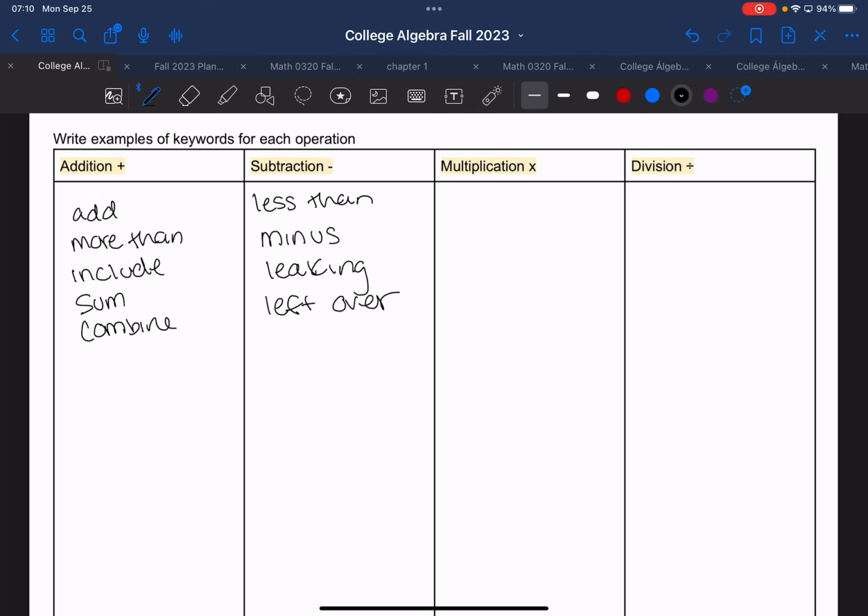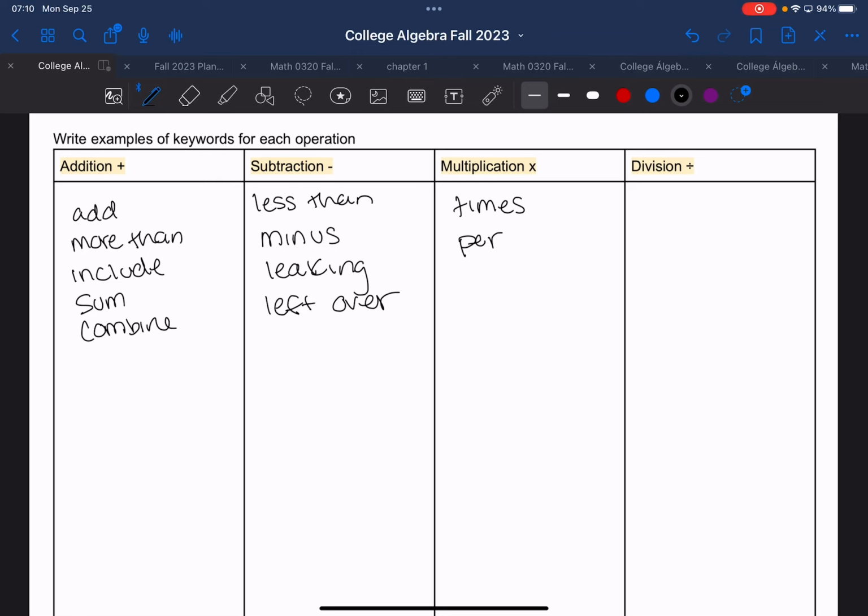What about multiplication? What words could they use besides saying multiply? Times. One good word you'll see a lot is per. So for example, $8 per pizza.